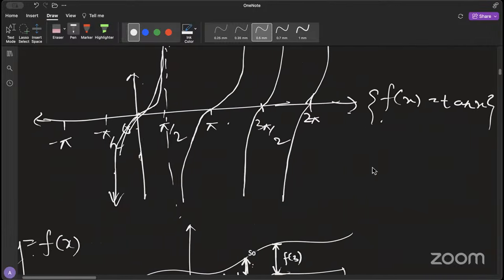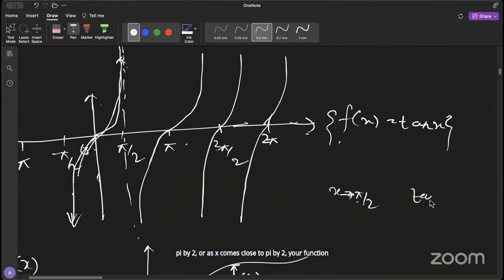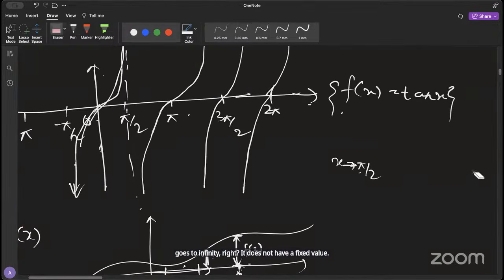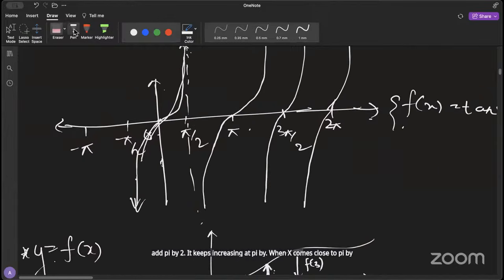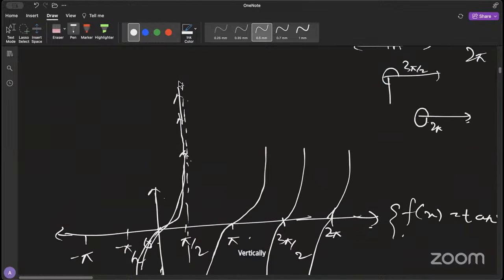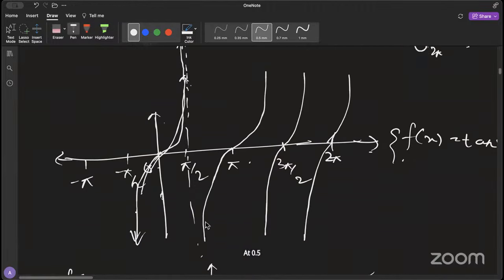So that means as x comes close to pi by 2, your function tan x goes to infinity. It does not have a fixed value at pi by 2. When horizontally you come close to pi by 2, vertically you're moving to infinity. That means your function does not have a value at all at the point pi by 2.